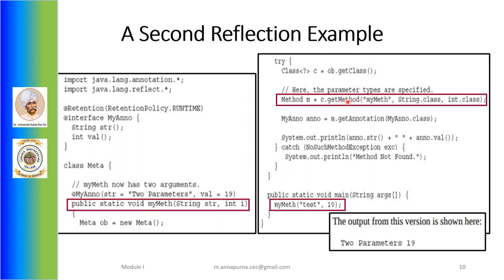The first one is the name of the method, that is myMath, which takes two parameters, one of type string and the second of type integer. So the second and third parameters are the additional parameters that are being passed to the get method.